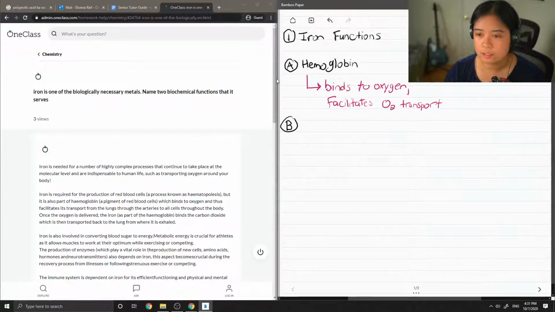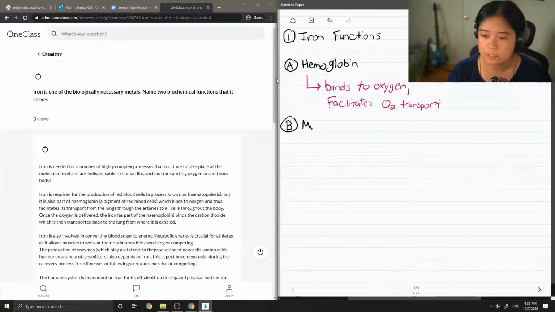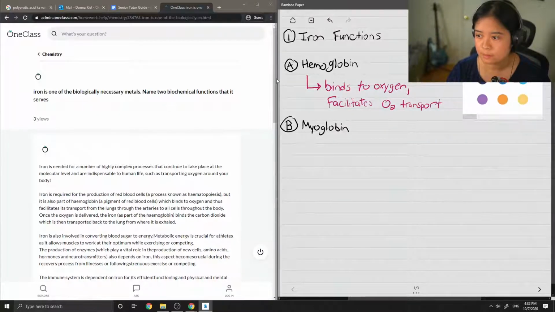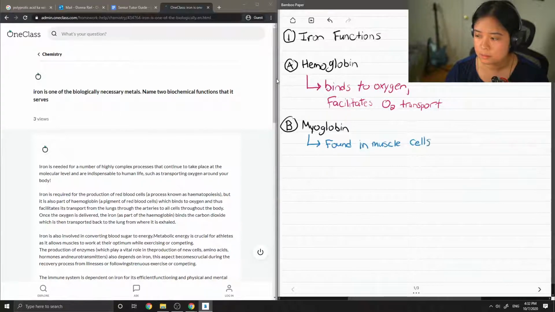One of the other iron functions is that it is also found in another protein called myoglobin. Myoglobin is found in muscle cells, and it's used for oxygen storage.